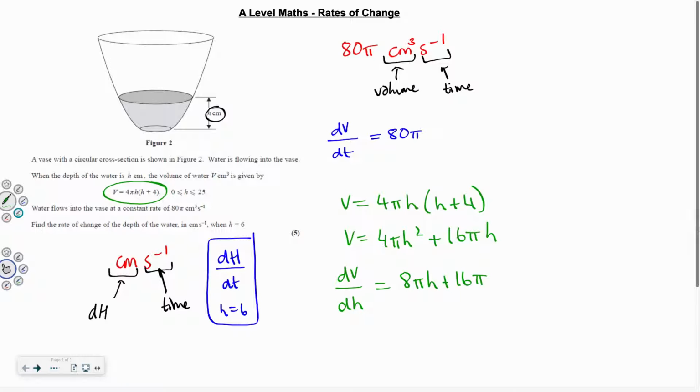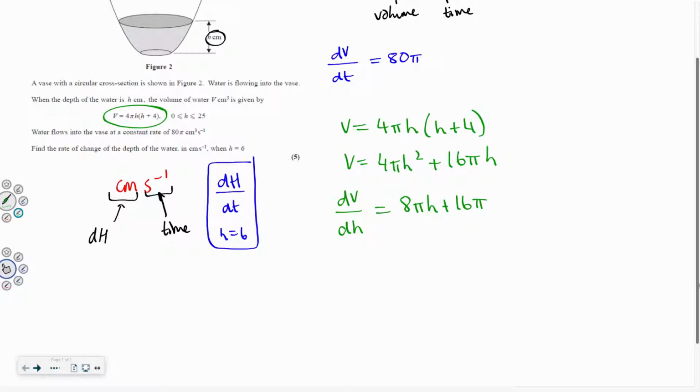Now we can use the chain rule in order to get an expression for dh on dt. So we know that dh on dt will equal dh on d-something times d-something on dt. And the something that's going to go here is the only other variable that we've got, which is dV. So we can put dV in there.